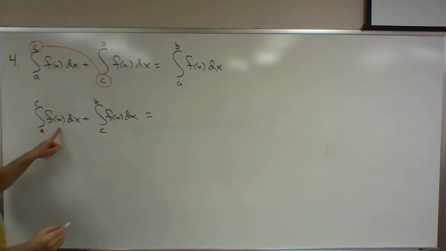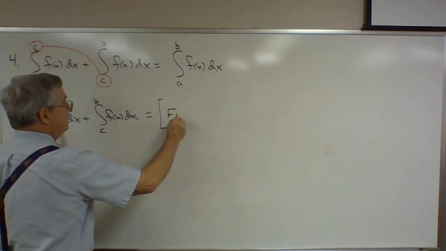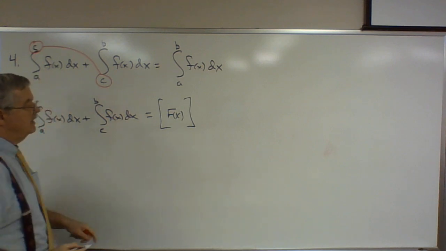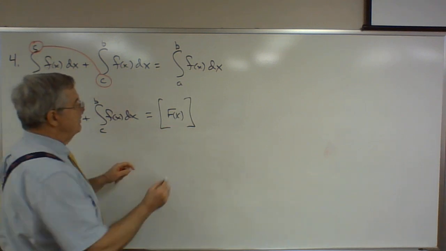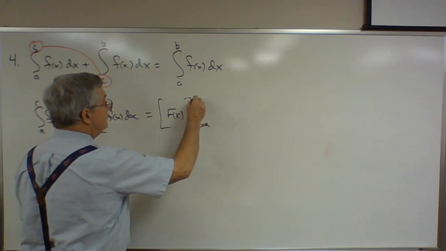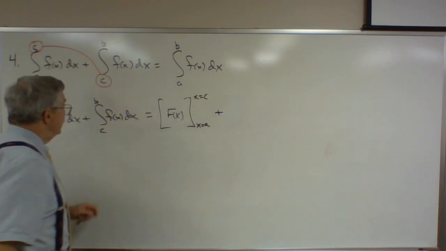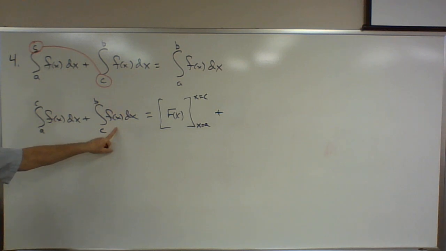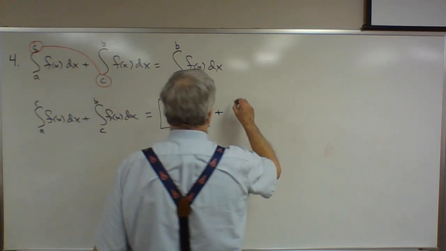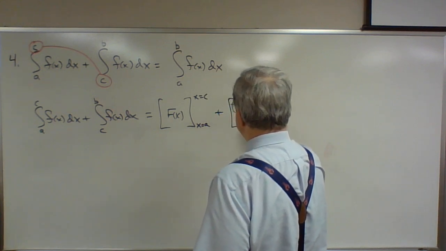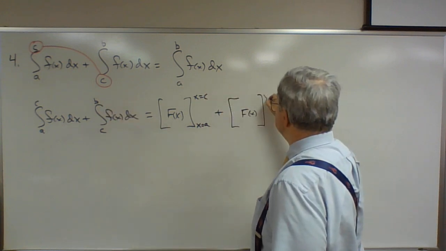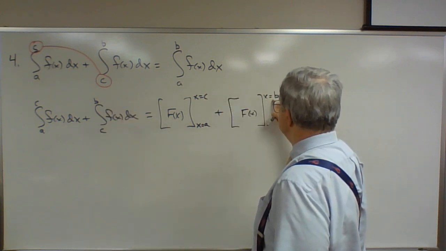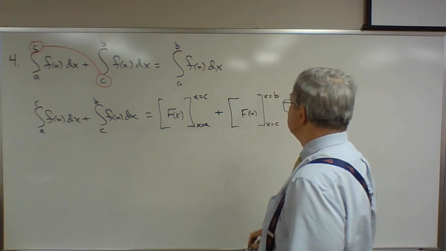We get the antiderivative of little f, which is capital F, and we'll choose the antiderivative that has a constant term of 0. We're going to evaluate this antiderivative from x equals a to x equals c. And we're going to do the same kind of thing here. We're going to compute the antiderivative of little f, and we'll get capital F, and we're going to have as the upper limit b, as the lower limit c.